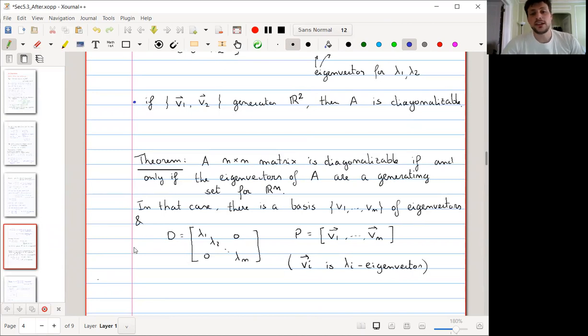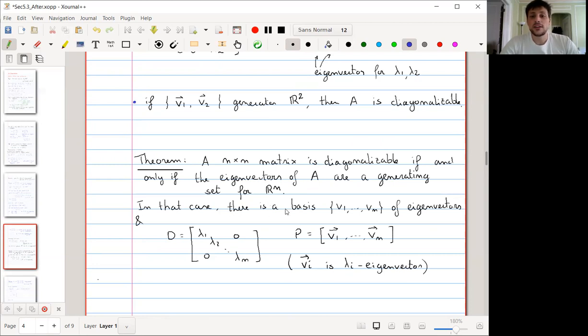Let's state the same result in general, and then we'll see an example of it. So a general result, in the n by n case: the matrix A is diagonalizable if and only if the eigenvectors of A are a generating set for Rn.